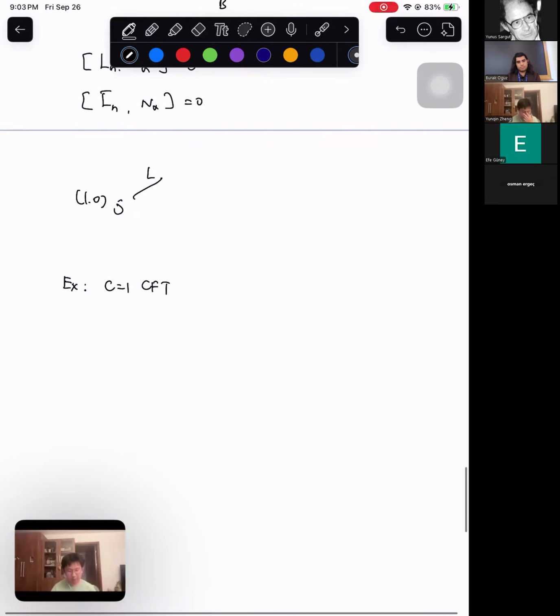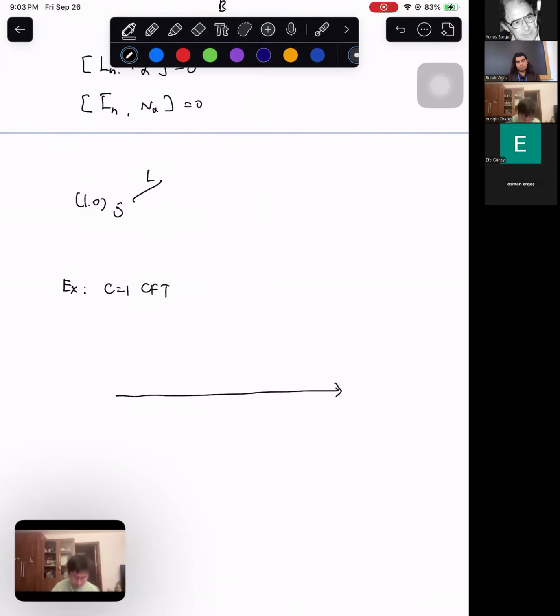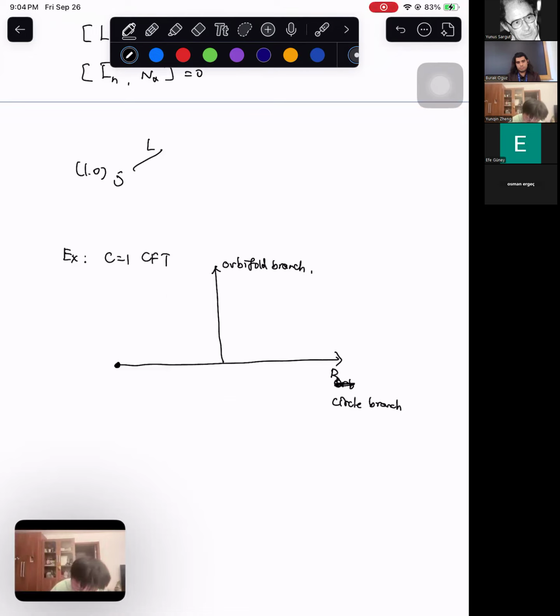It's well known that the c equals 1 CFT can be organized in a moduli space where the horizontal axis is the circle branch and the vertical axis is the orbifold branch. And this point is the self-dual radius, so it's R equals 1.